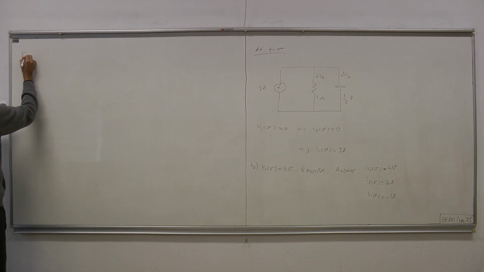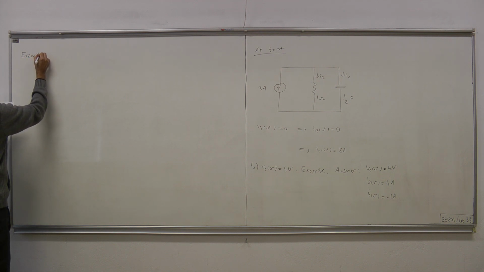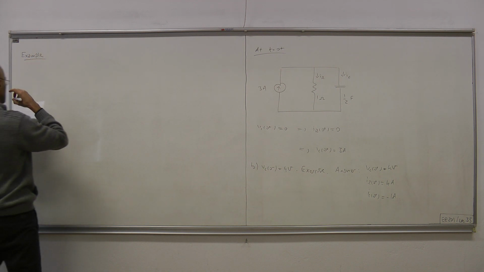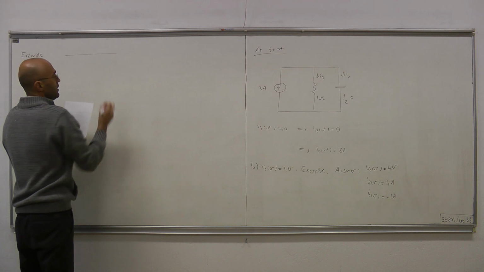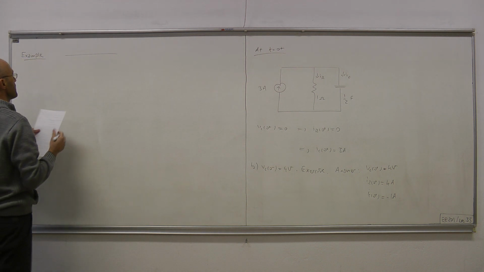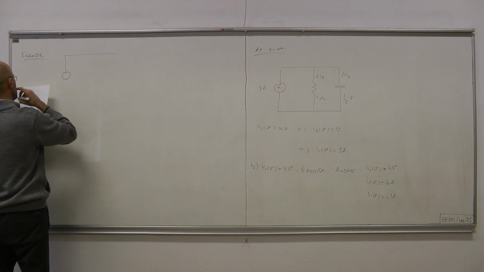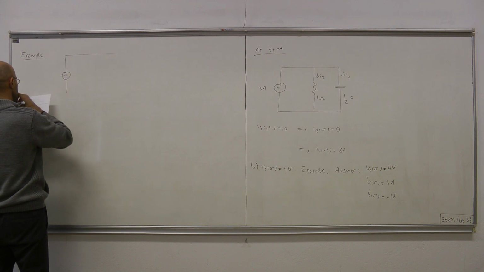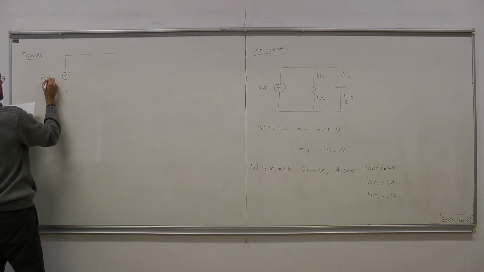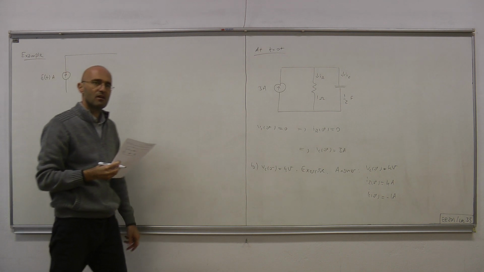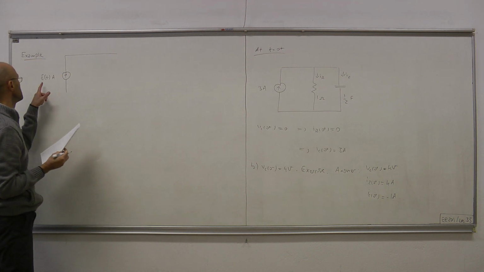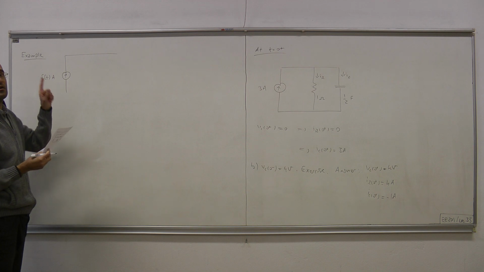This is our next example. Again, the same topology. The only difference, which is not that small of a difference, is that now we have an impulsive current. Okay, so this means if you integrate this, you have 1.